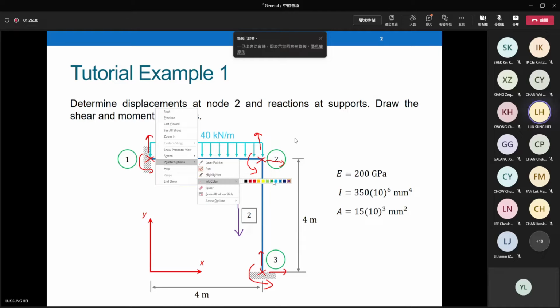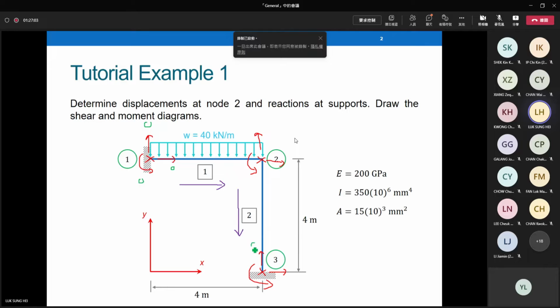So next you can start to assign code number. You can follow the textbook method, or you may assign the code number arbitrarily. If you want to follow the textbook method, then you have to determine where you have unknown displacement. As usual, if you see a fixed end, you should feel happy because there is no movement: 0, 0, 0.